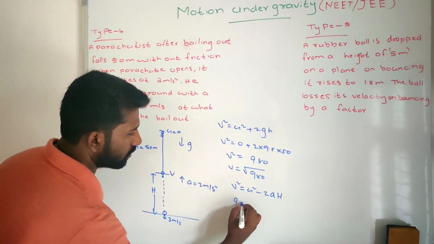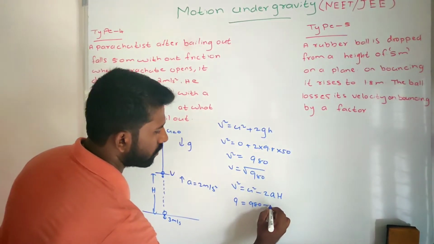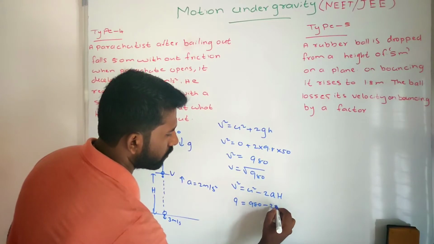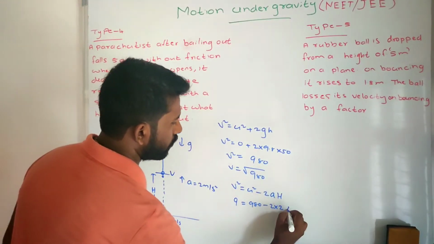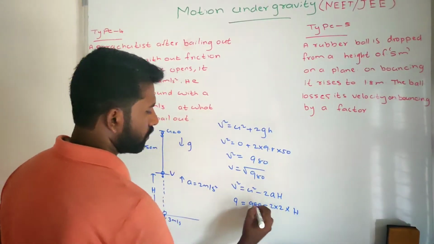Here 9 we get, that is 3 square, equals 980 minus 2 into 2 into capital H. What about the capital H value? We don't know, so substitute here.